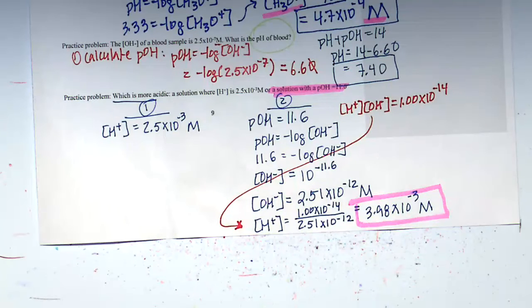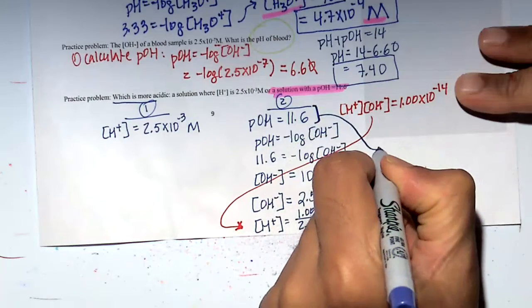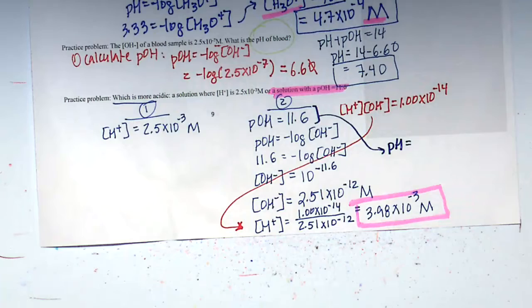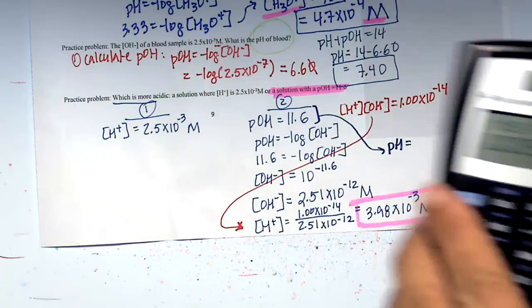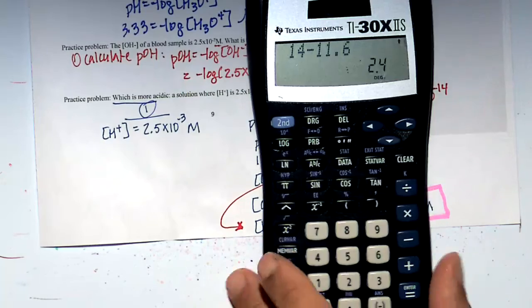There's another way to solve this problem. What's the pH if your pOH is 11.6? 14 minus 11.6 is 2.4.